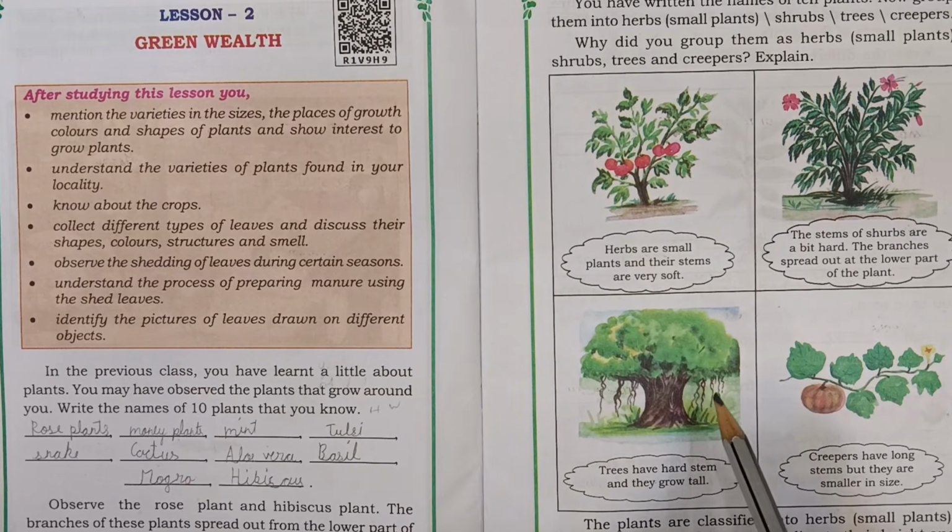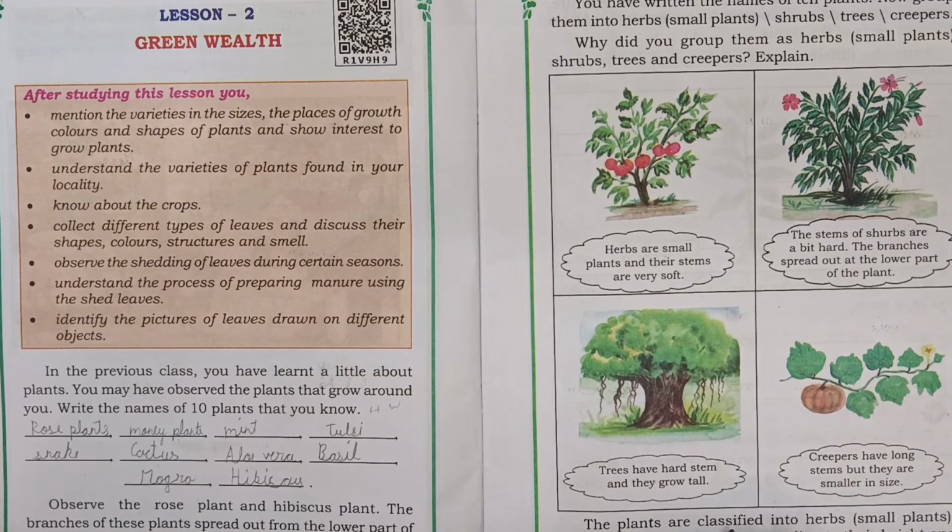Okay, hard stems, and they will grow taller than herbs and shrubs. Okay. Next one. Creepers have long stems but they are smaller in size. Creepers grow on the land or they need some support. So they have long stems and are small in size.